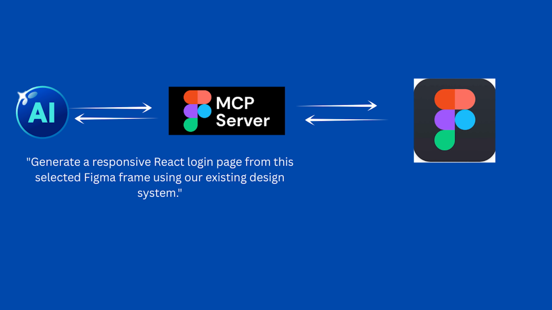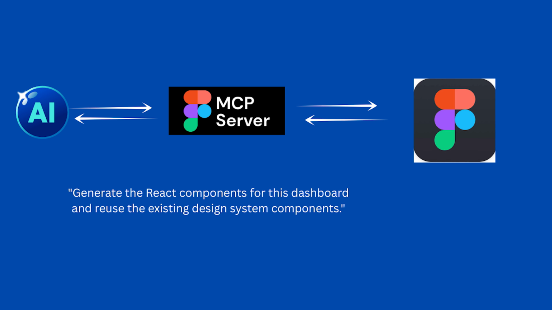Or suppose your designer creates a new dashboard with sidebar, navigation menu, charts, and reusable cards. Using the Figma MCP, you can ask, generate the React component for this dashboard and reuse the existing design system's components. Figma MCP Server bridges the gap between the designers and developers.